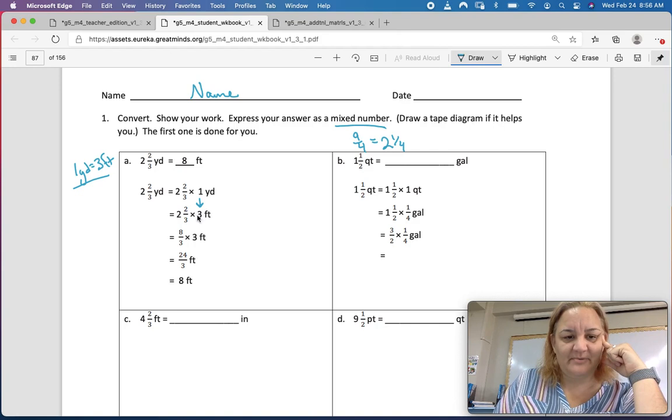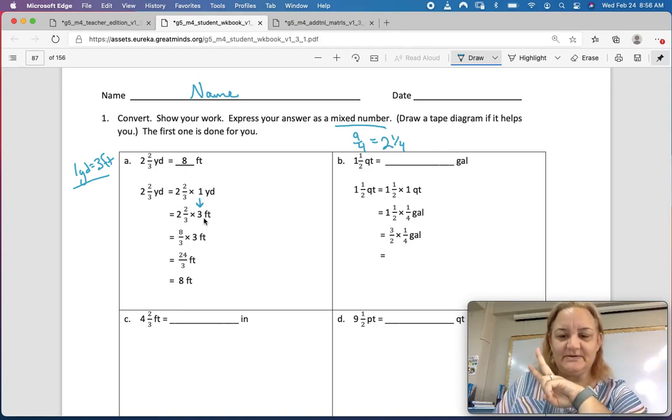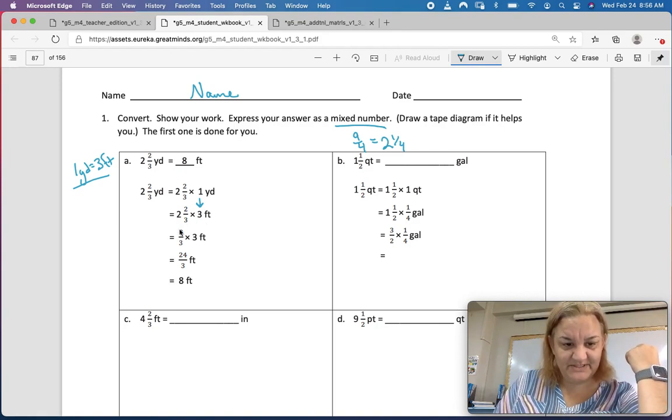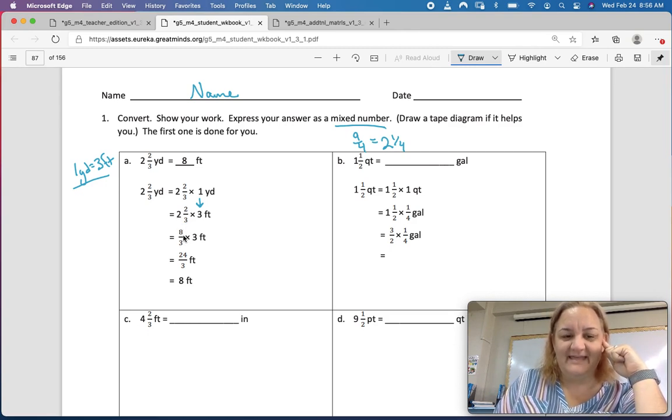And you know, because 1 yard equals 3 feet, we can just easily convert that to feet just like that. And now we have to do our problem. Now there are two ways we can do it. The first way, which is what they've done, they turned 2 2/3 into an improper fraction. Okay, 3 times 2 is 6, plus 2 is 8, 8/3, and then multiplied by 3 feet. And 8 times 3 is 24 over 3.